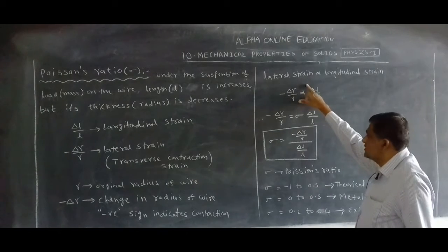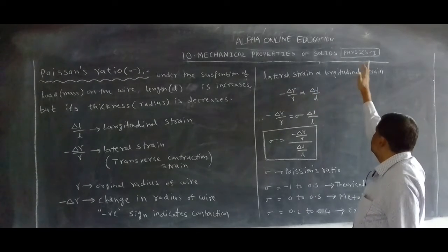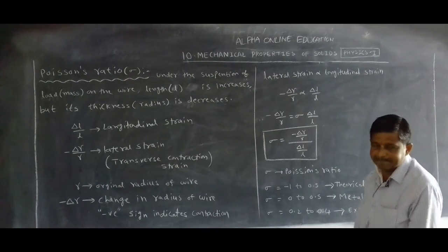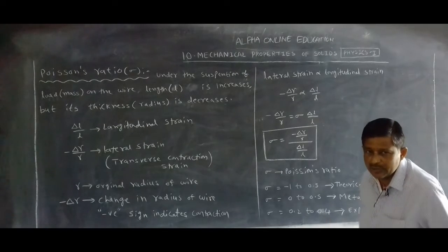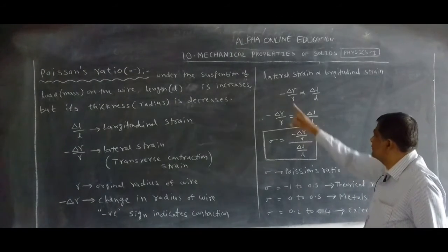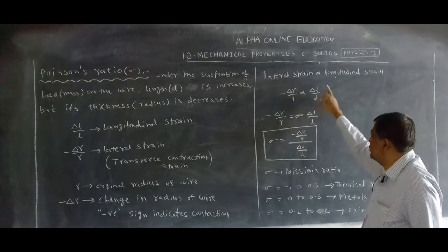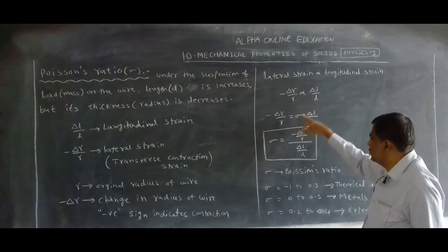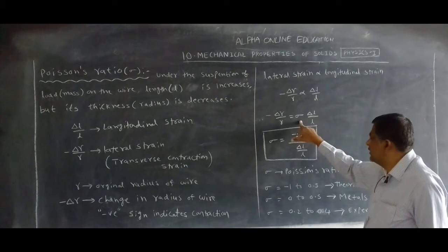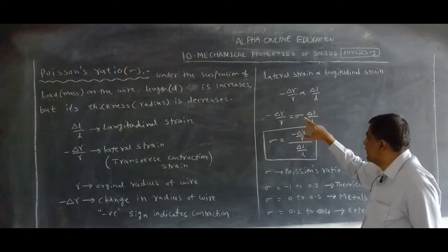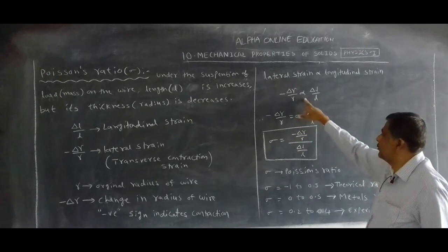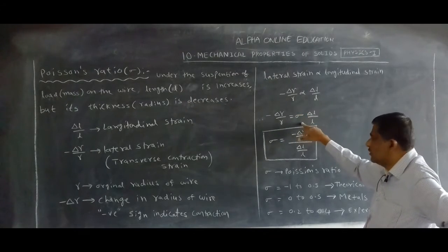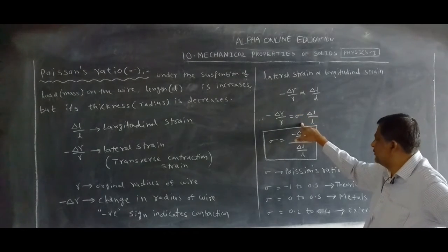Now, this lateral strain is proportional to longitudinal strain. Minus delta R by R is proportional to delta L by L. We know that when proportionality is removed, we get one constant. The constant is denoted by sigma.